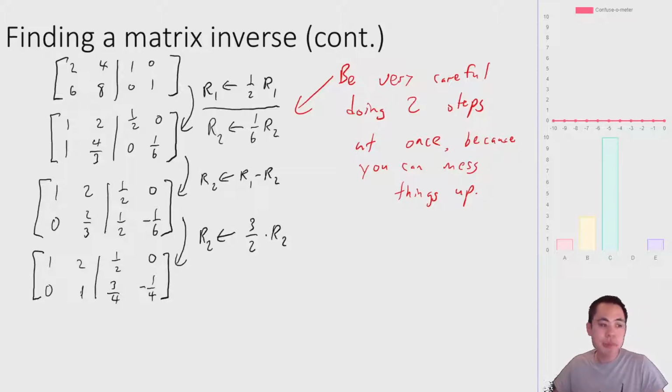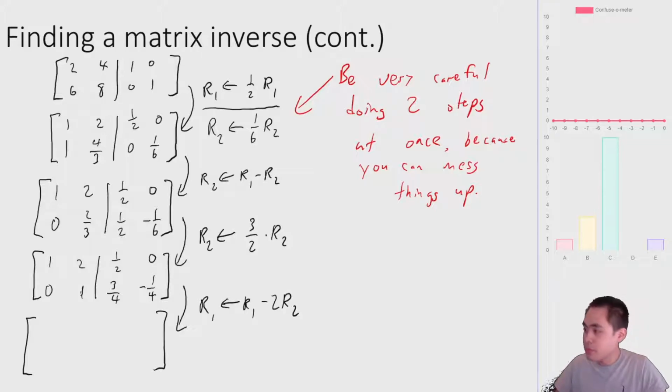Okay, and our last step is, of course, we want to completely solve everything, so we're going to do a full Gauss-Jordan elimination, Gauss-Jordan reduction. We're going to take R1 to be R1 minus 2R2.